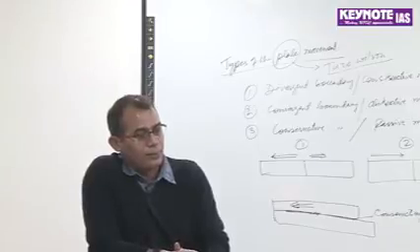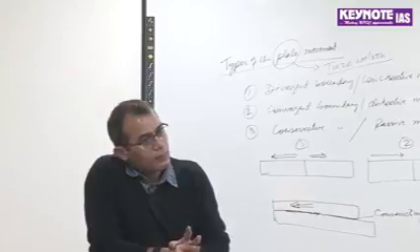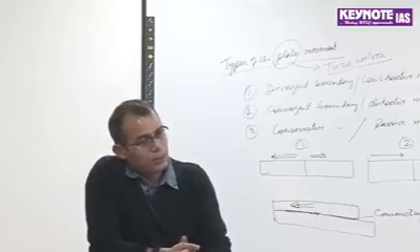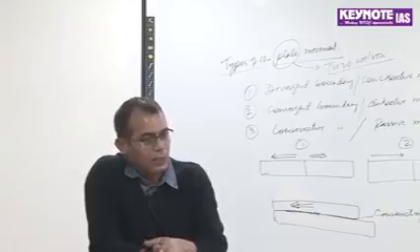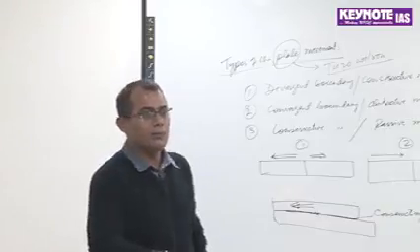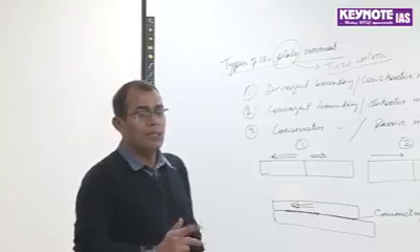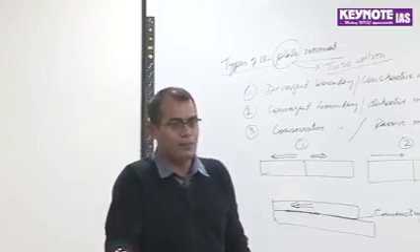Sir, are all three processes always happening if there is plate movement? Yes, it has to happen. Somewhere there is divergence, somewhere there is convergence. That's the criticism of the plate tectonic theory.